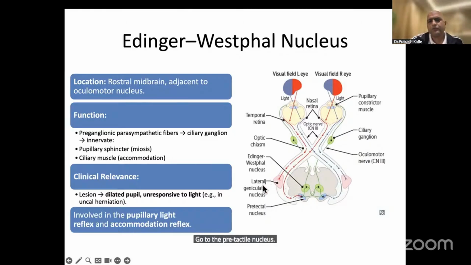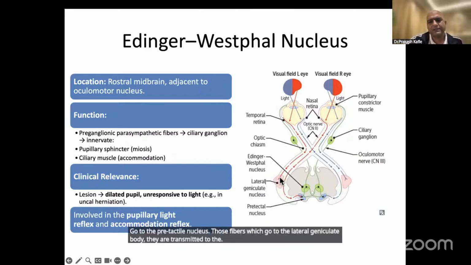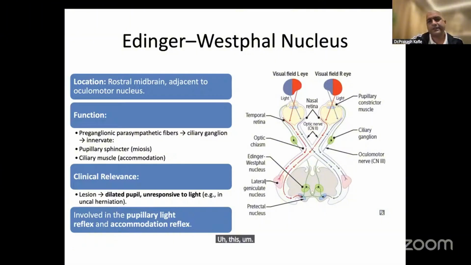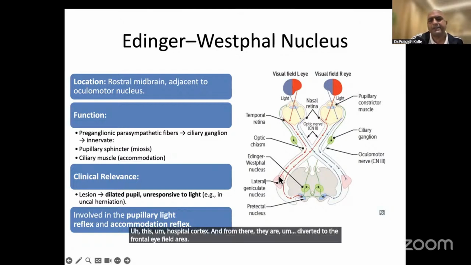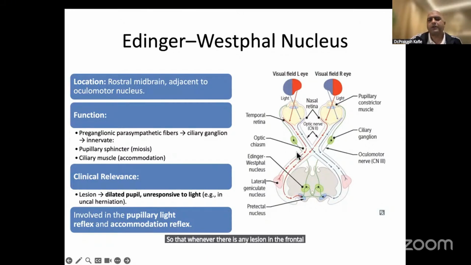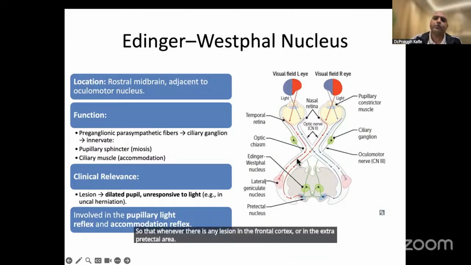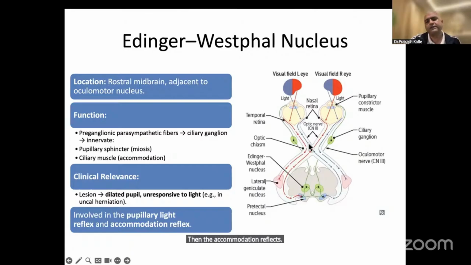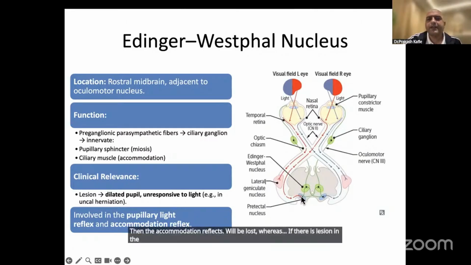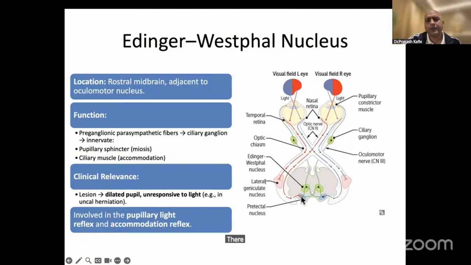Those fibers which go to the lateral geniculate body are transmitted to the occipital cortex, and from there they are diverted to the frontal eye field area, so that whenever there is any lesion in the frontal cortex or in the extra-pretectal area, the accommodation reflex will be lost. Whereas if there is a lesion in the pretectal area, there won't be a light reflex, but accommodation will be there.